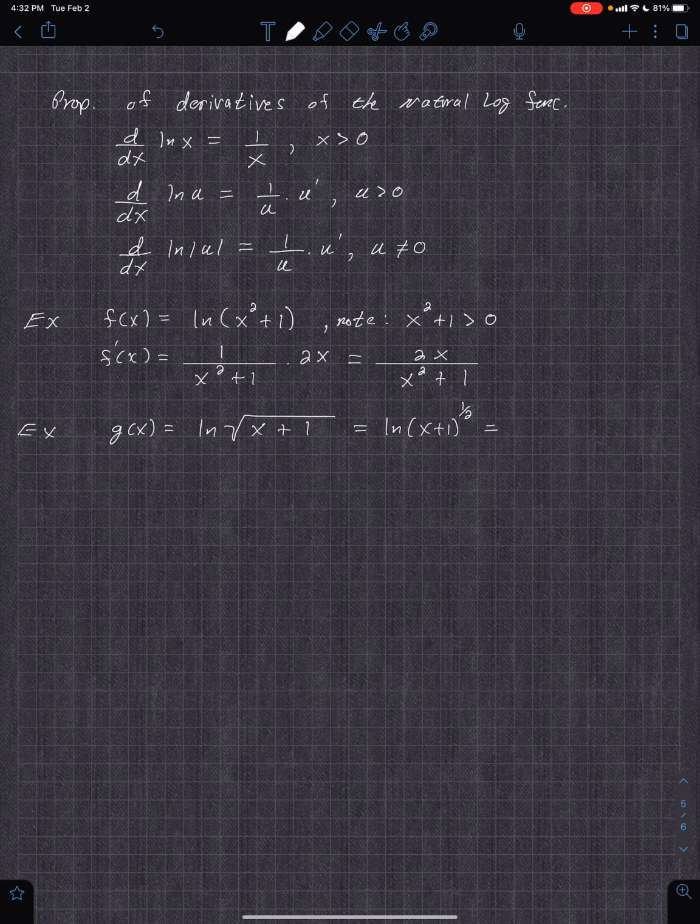And properties of logarithms allow us to bring that out front. So you end up with just that. That is a property, just like you know of a logarithm. So now when you do that derivative, the half just tags along. What I was going to mention here is it's basically assumed that x plus 1 has to be positive, or non-negative in this case, and essentially positive because you won't be able to divide by something that's 0 anyway.